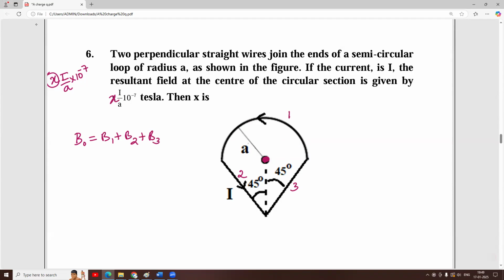Magnetic field due to the first part, the semicircular coil. Second, that is the straight wire. Third, another straight wire. Now, what about the magnetic field due to the straight wires? You have to use this formula.